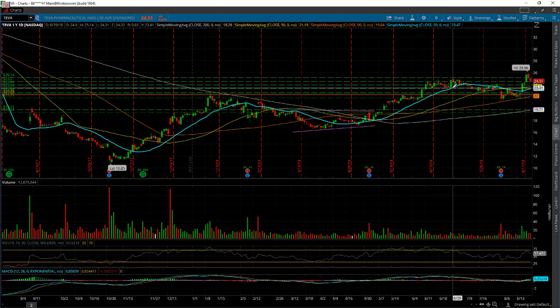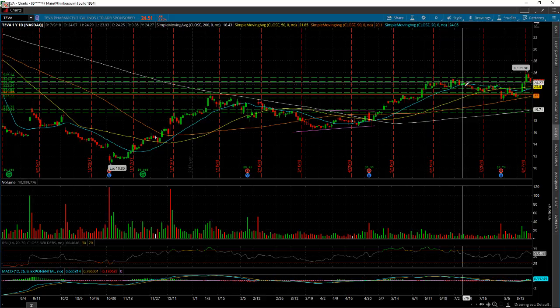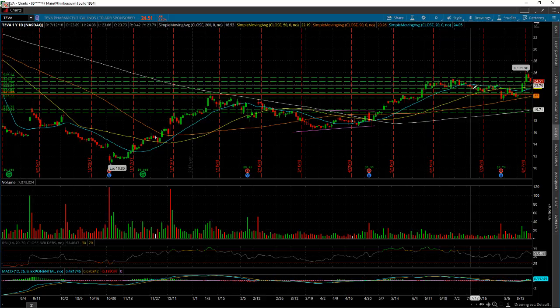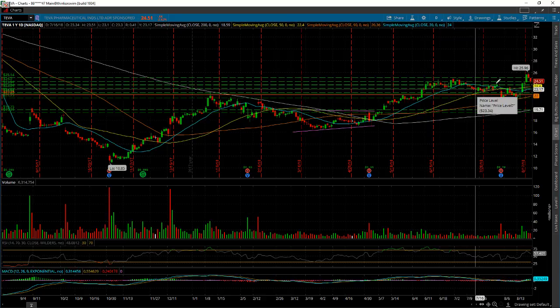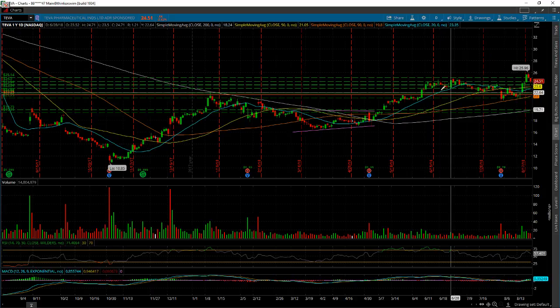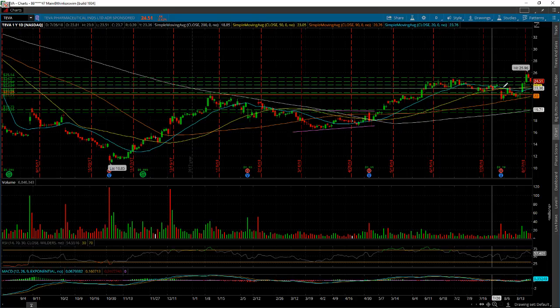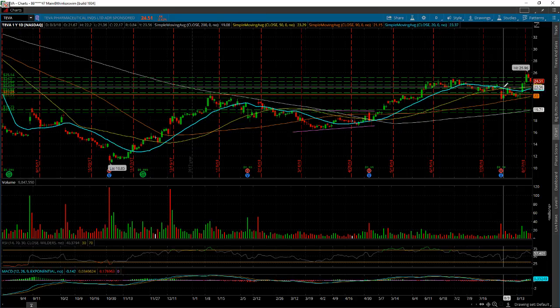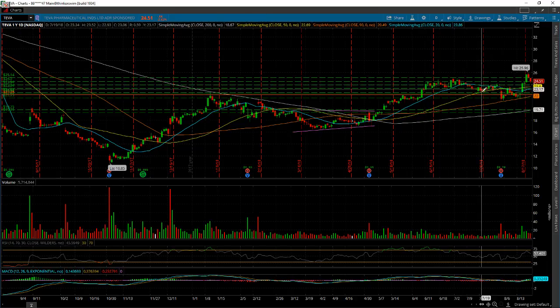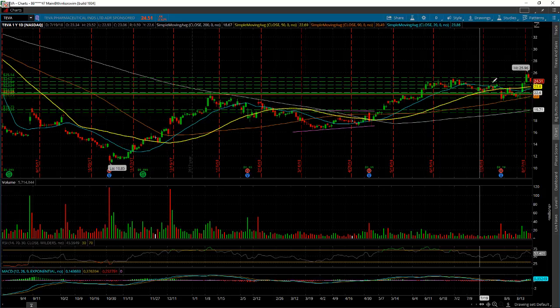Or I have to verify that these levels have been marked in the right place. And yes, they have. So all of the support and resistance for what I'm working with has already been marked out. I've already taken care of it.